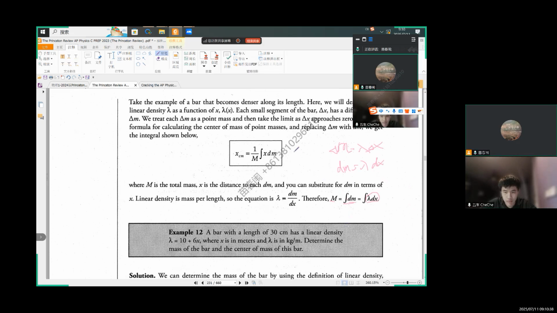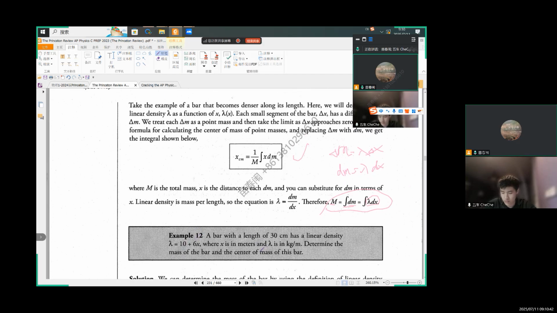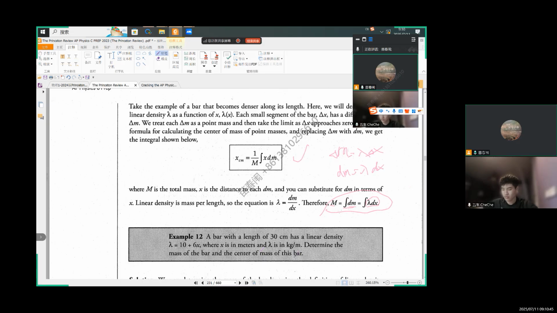So now because we have this one and this one, we can do example 12. I want to explain linear density a little bit. Linear density is because of the length, there is a pattern between the length and the density. Some people ask, what if there is no pattern? Then we use something similar to deduce the complicated one, but we're now dealing with the easy one.